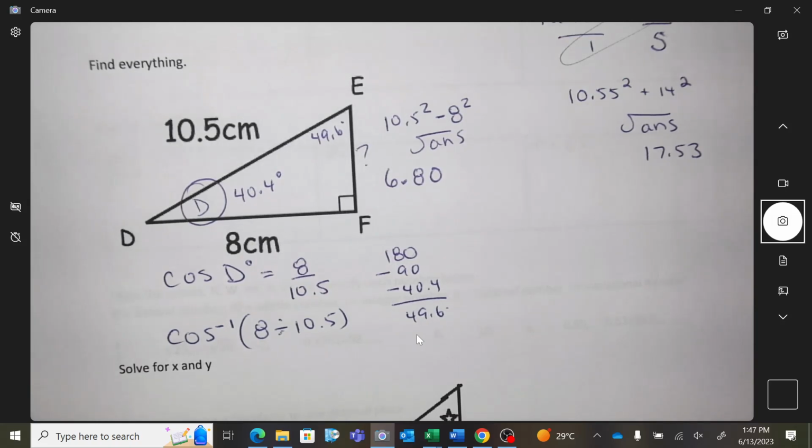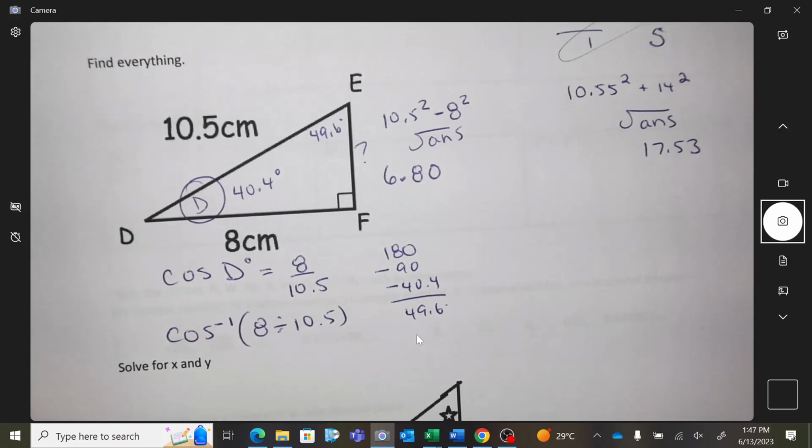Okay, so there's a 100% chance a question like that will be on the exam where I say solve for everything in this triangle. I would give you two pieces of information and you have to find the rest. You always need two pieces of info.